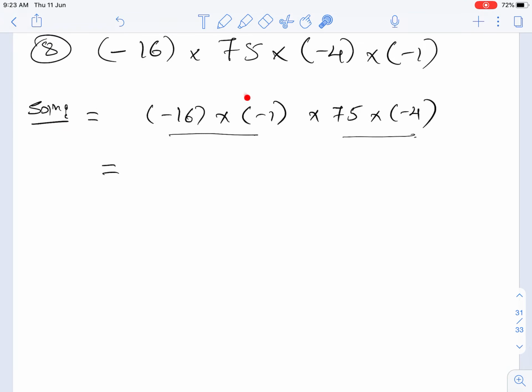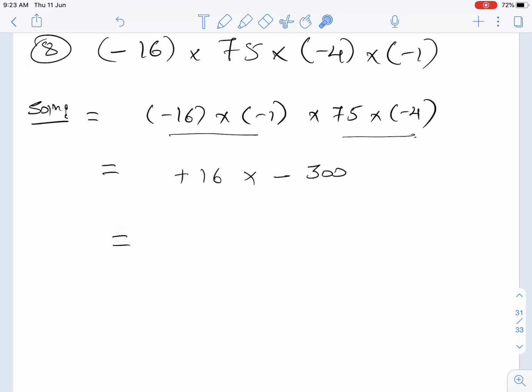Now here minus into minus will become plus, then 16 ones are 16, then we write the multiplication sign here. Now the sign of 75 is plus, so plus into minus is minus, then 75 fours are 300.